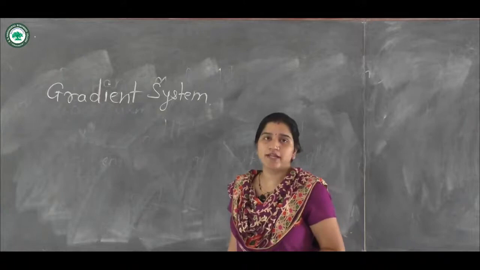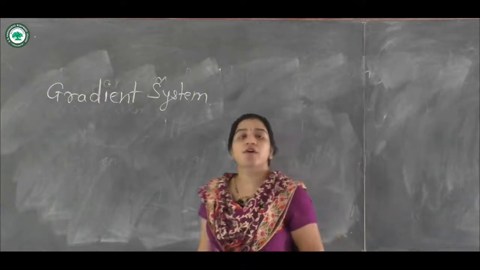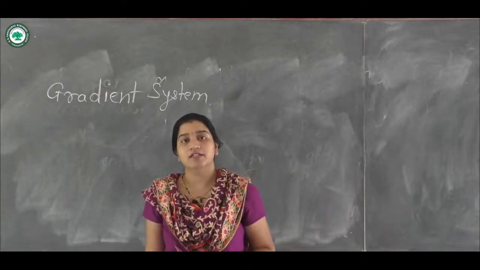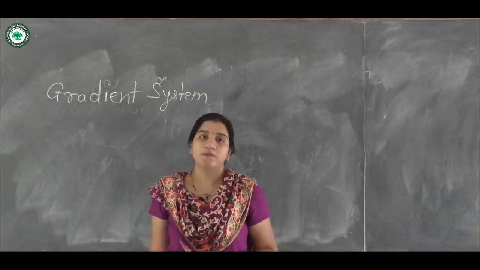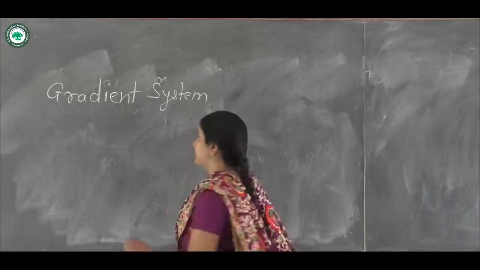Basically, there are two types of gradient system. The first one is the low pressure gradient system, and the second one is the high pressure gradient system, which is normally used in HPLC.